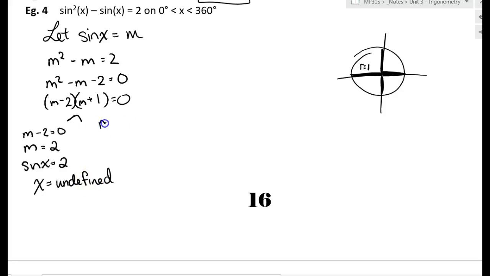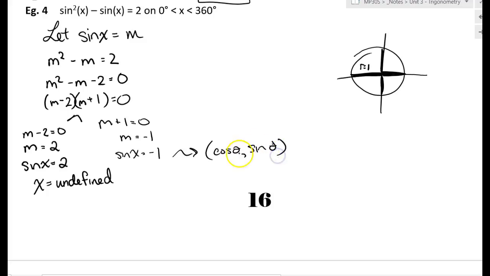Our other option is m plus 1 equals 0. So m would be negative 1. Again, we're dealing with sine x equals negative 1. Sine is the equivalent to our y coordinate when we write them out for any unit circle.